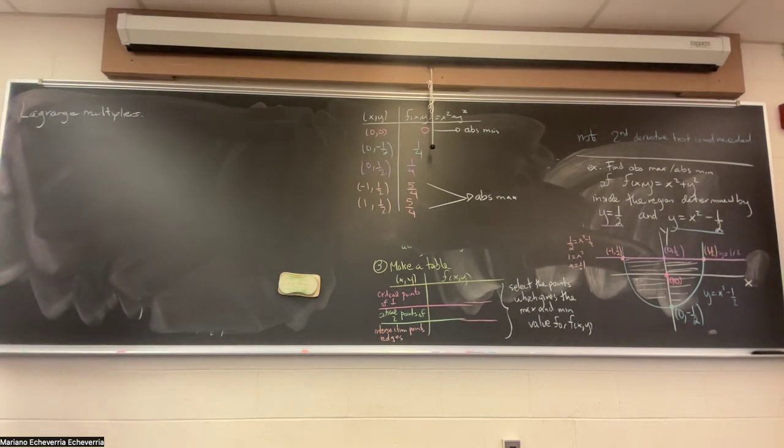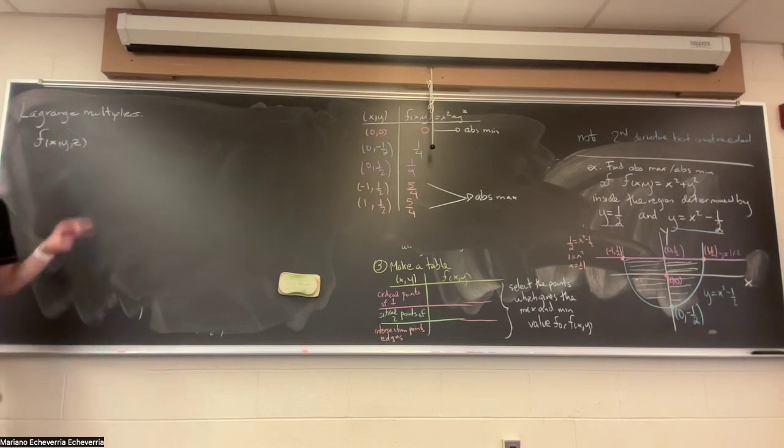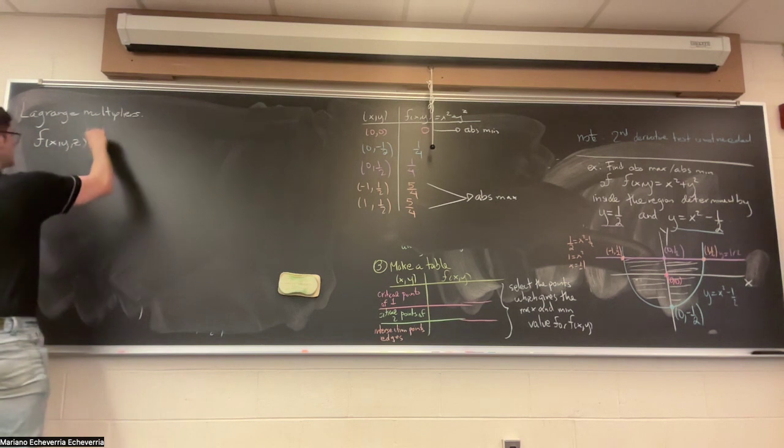So let me do a motivational example, and then you'll see from there what the idea is. So let's say you have a function f, which again, the best way to think about this is like the temperature at the point x, y, z.